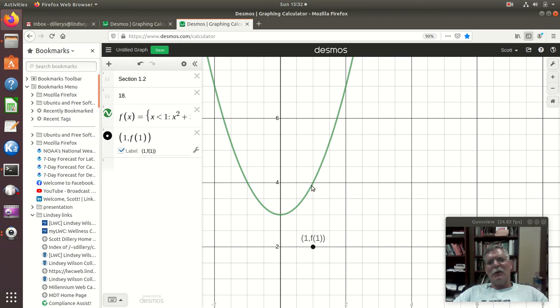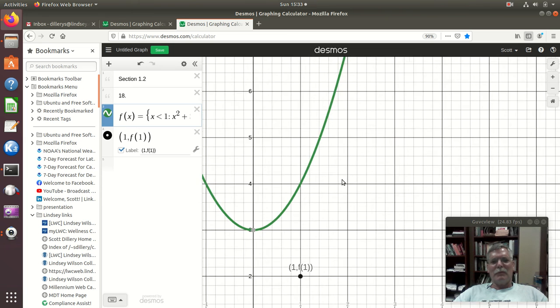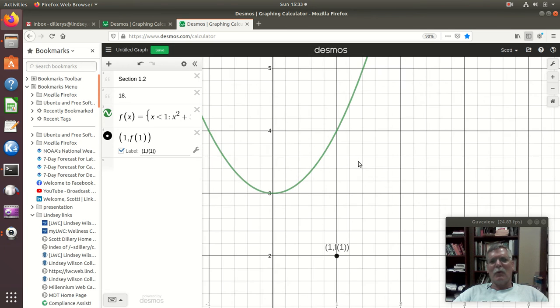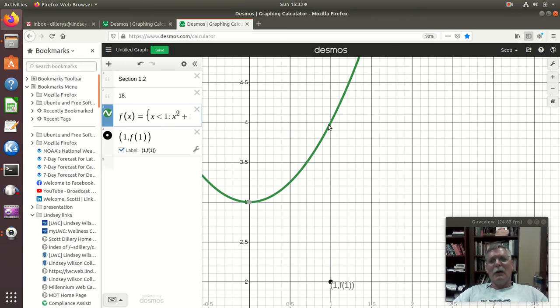Okay, but notice the technology for now is sort of hiding the fact that, well, I guess I'm just not coordinated enough here. So try to get here to 1.